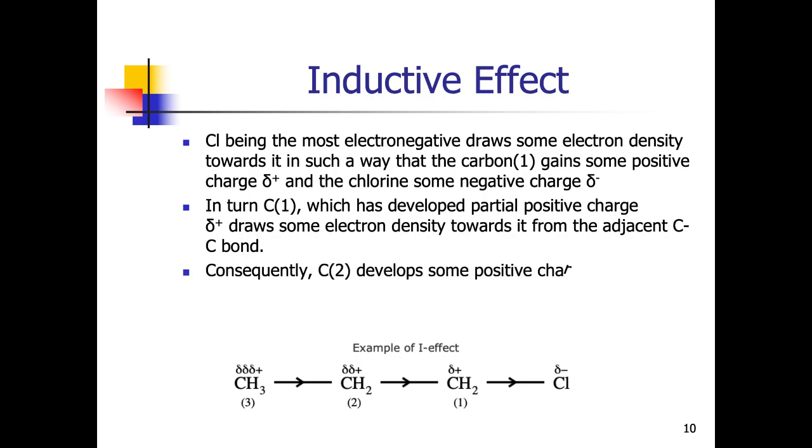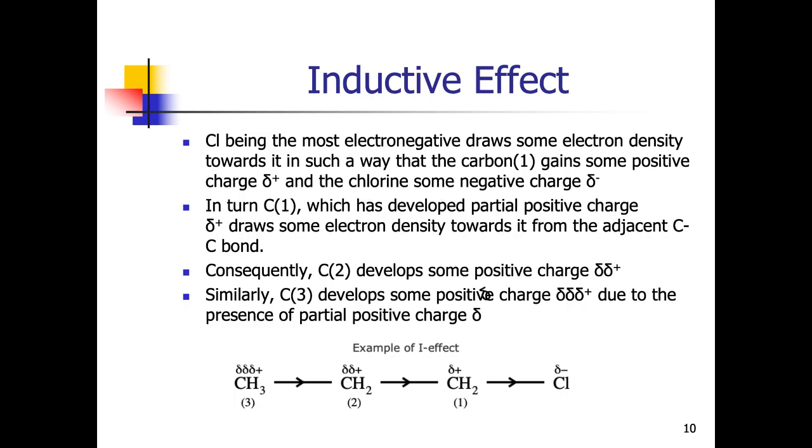Consequently, C2 develops some positive charge, 2 delta plus. Similarly, C3 develops some positive charge, 3 delta plus, due to the presence of partial positive charge 2 delta plus on C2.